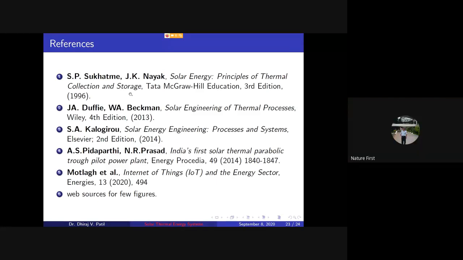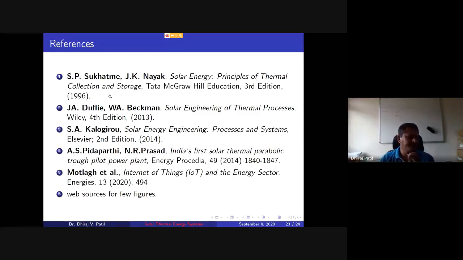This book is specifically for thermal collection, and you can refer to it. All the data in it is Indian data, whereas all the data in the other books is US data. So this book can be taken as a reference.